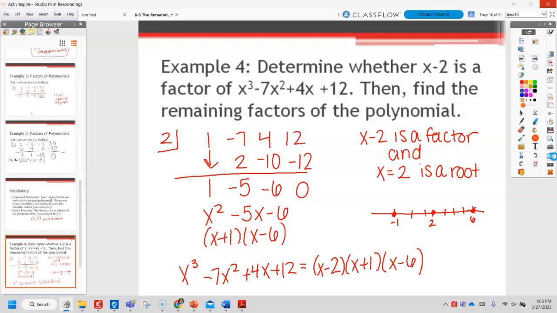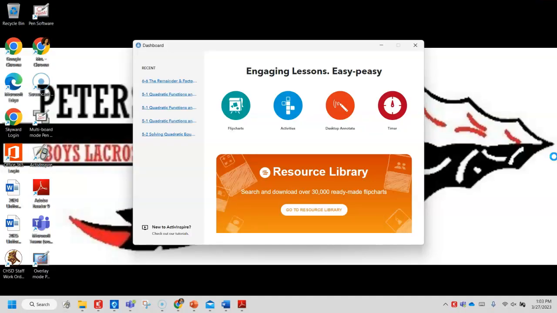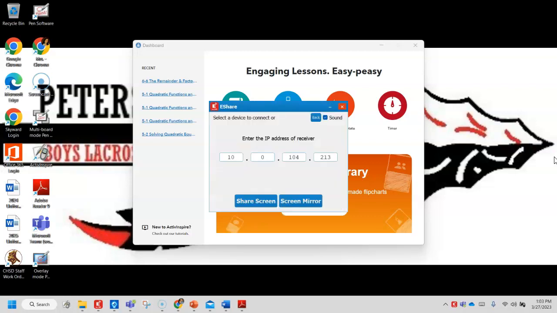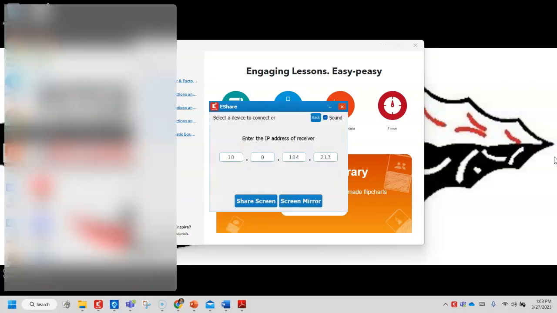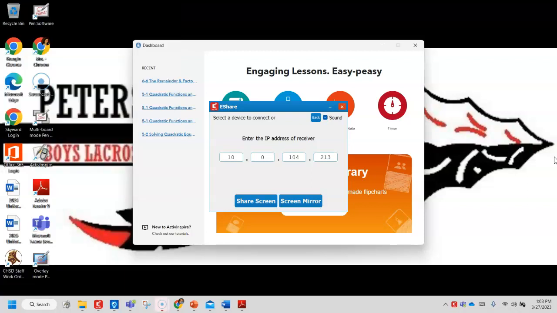Then across your top is 3, -4, -28, and -16. Bring down your 3. 3 times -2 is -6.